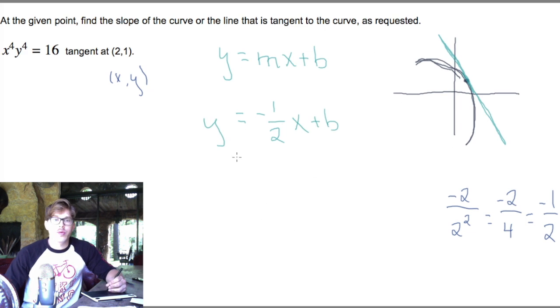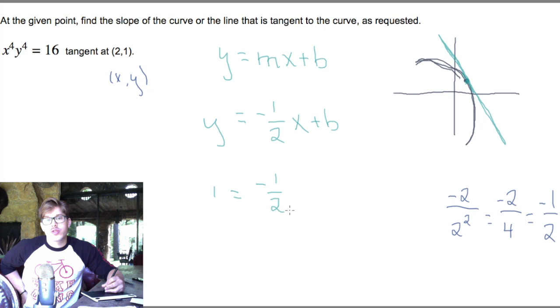And what else can we do? Well, what else do we know? Well, we know this point. We know that whenever x is 2, y is 1. So let's plug in those numbers. So we have 1 equals negative 1/2 times 2 plus b.